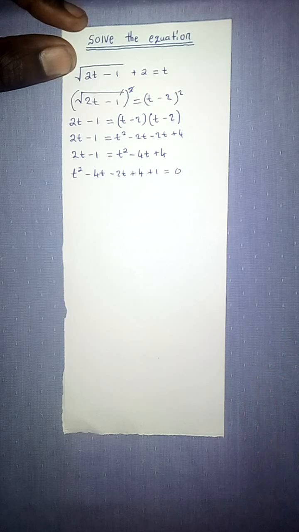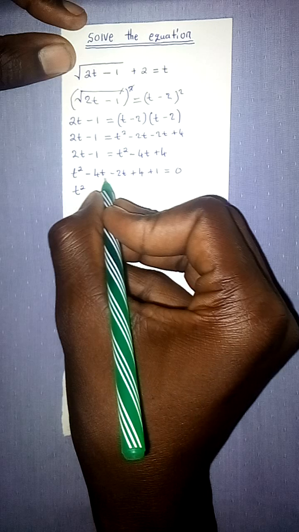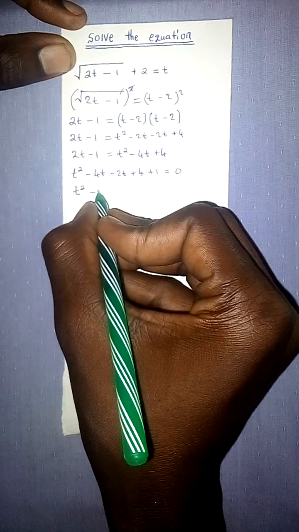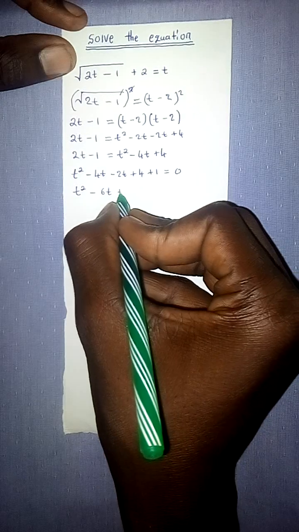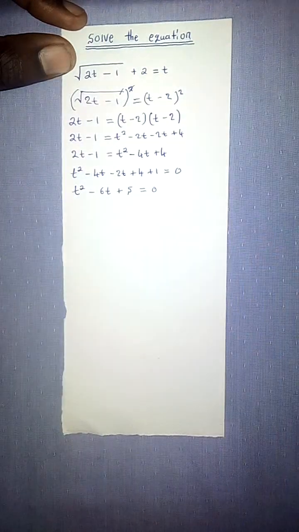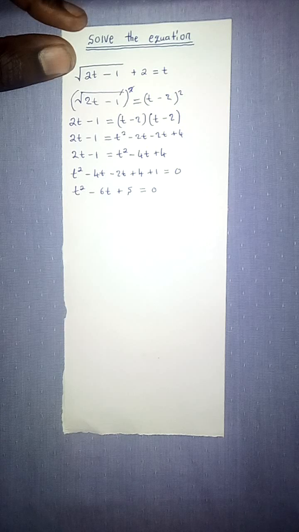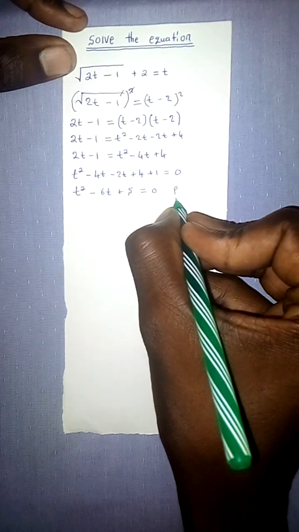Okay, what's next? So t squared, this will give me negative 6t, this will give me plus 5 being equal to 0.